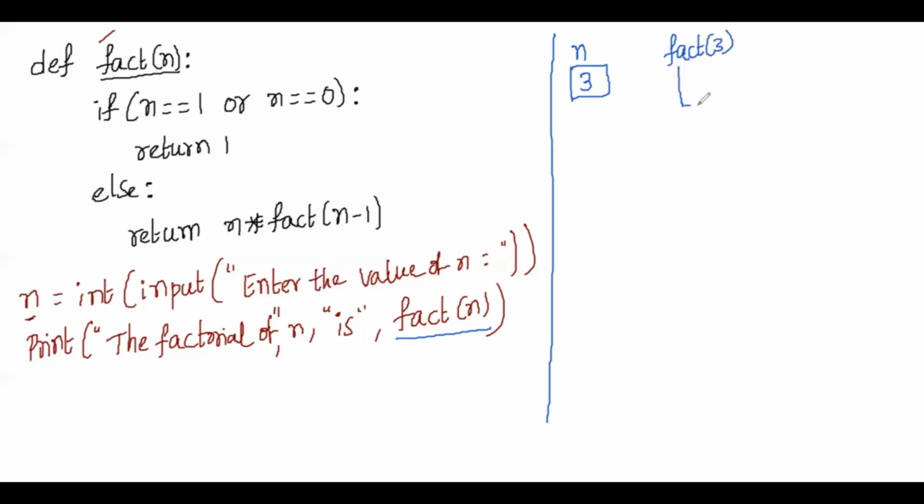So when fact of 3 is called, you can see here the condition in the fact function, 3 double equal to 1 or 3 double equal to 0, will become false. So now it is going to execute the else block containing n into fact of n minus 1. That is 3 into fact of 3 minus 1, which is 2.